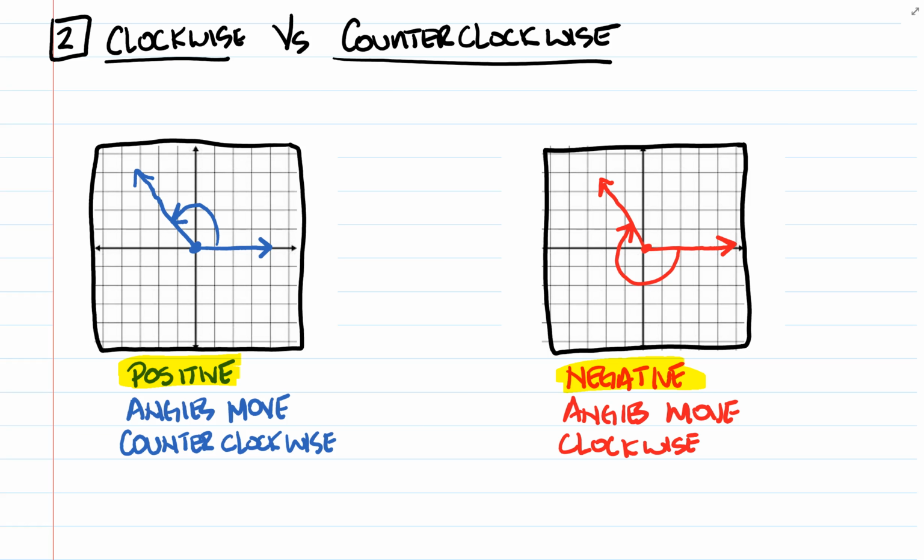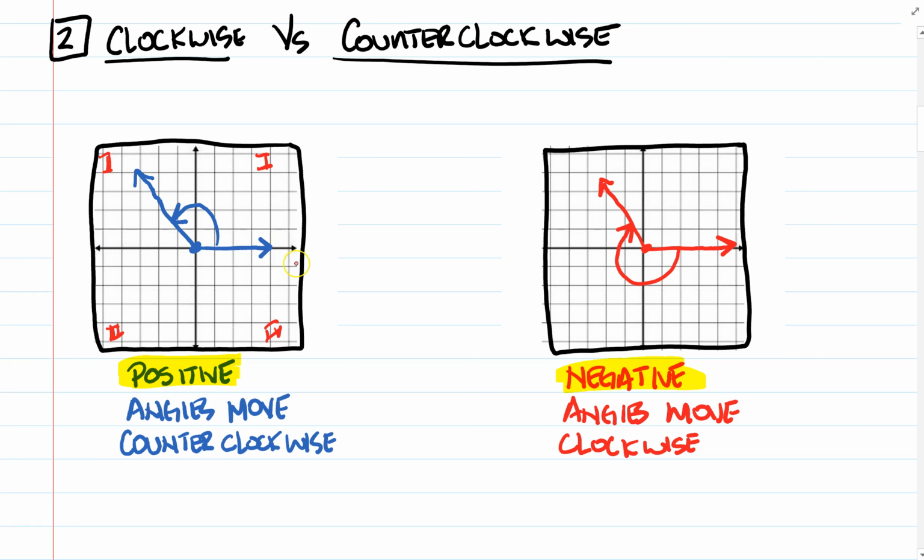Okay, now that we know what standard position means, we can talk about clockwise versus counterclockwise. On the left in blue over here, positive angles move in a counterclockwise direction. The reason is because this is coordinate plane number 1, this is number 2, this is number 3, and then this is number 4.